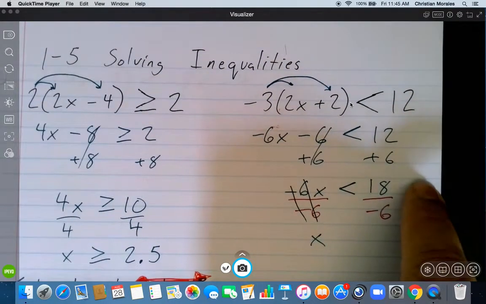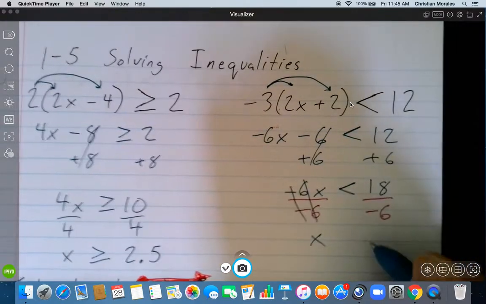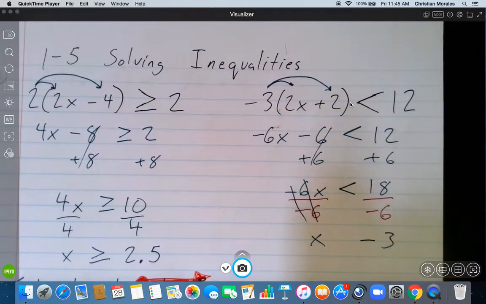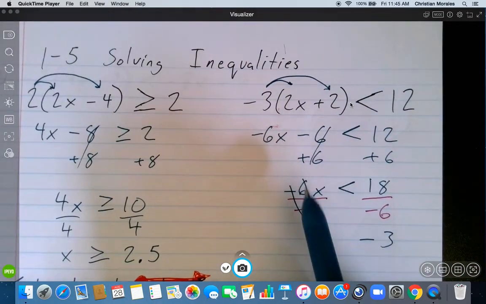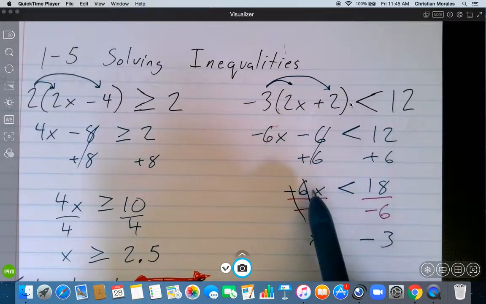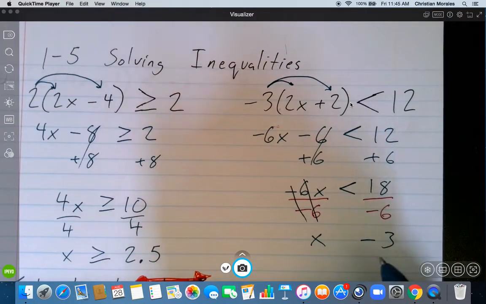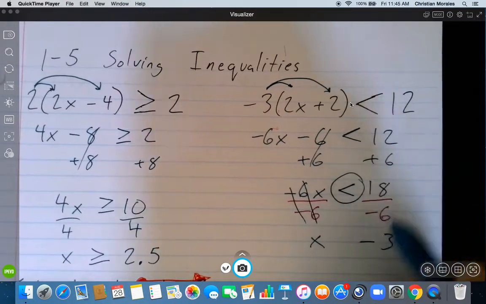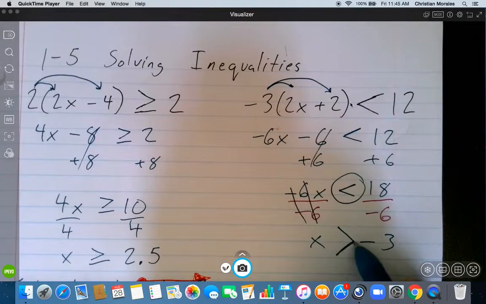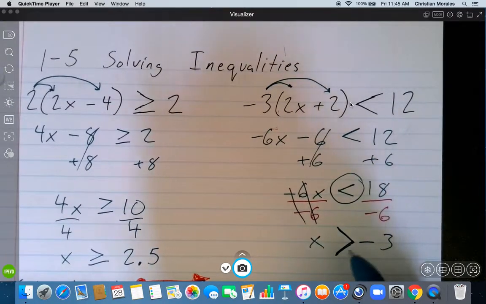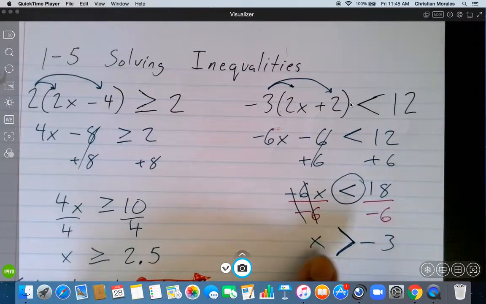Over here, 18 divided by negative 6 makes that a negative 3 now. So the signs, this was negative and this was positive, but now this is positive and that's negative. So you switch signs. When that happens, this sign must flip. And it has to go the other way. So this is the answer. X is greater than negative 3.